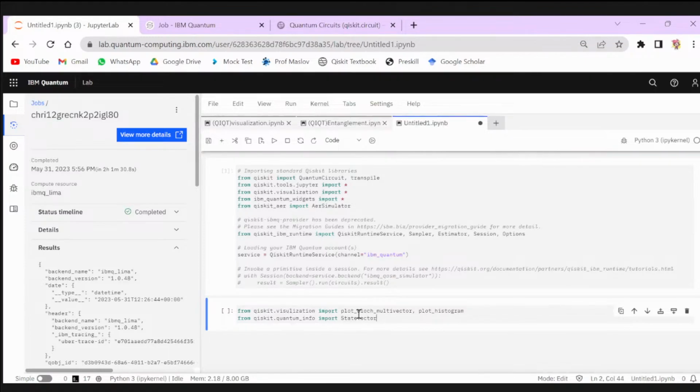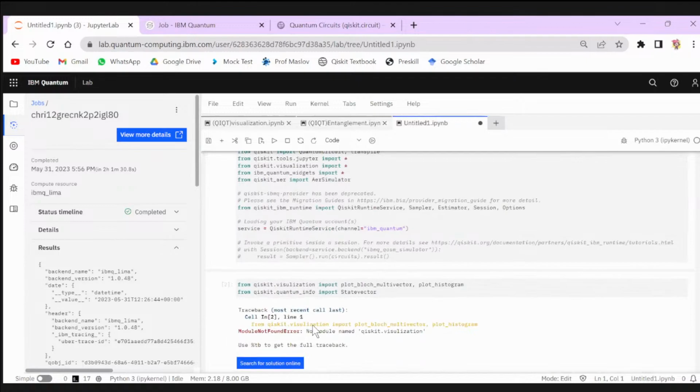So we are importing plot_bloch_multivector and the statevector.